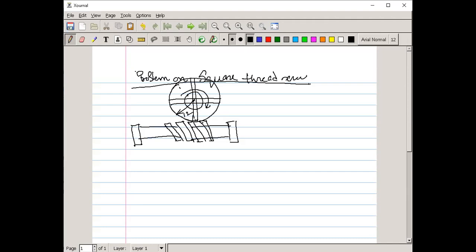Now in the question, if it is given like that, a worm AB, this is actually called worm gear, and this one is called the worm wheel, okay.